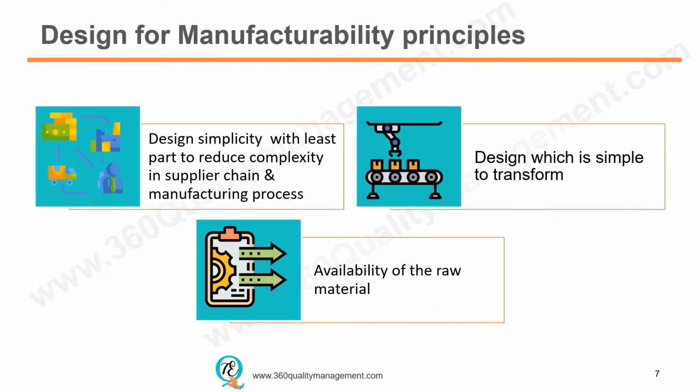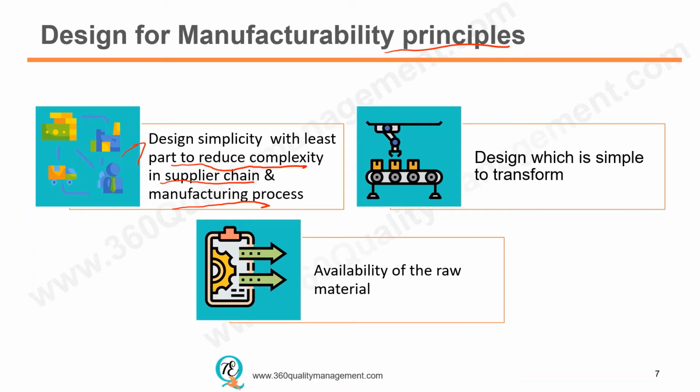Design for manufacturability is a must to achieve zero defect products, where the principles of DFM must be followed. Some of these major DFM principles, these are not all, these are the major ones, include design simplicity with the least parts to reduce complexity in supply chain and manufacturing process. That means you don't have to deal with so many materials or a long bill of material list, and it's also easier to assemble those products.